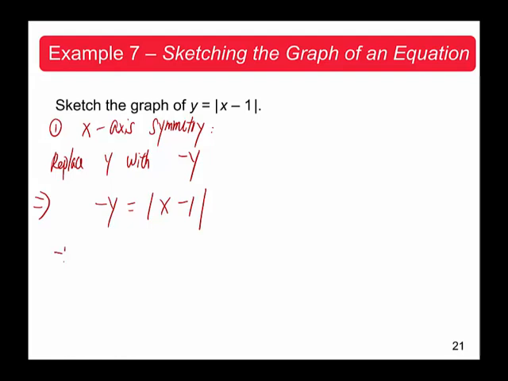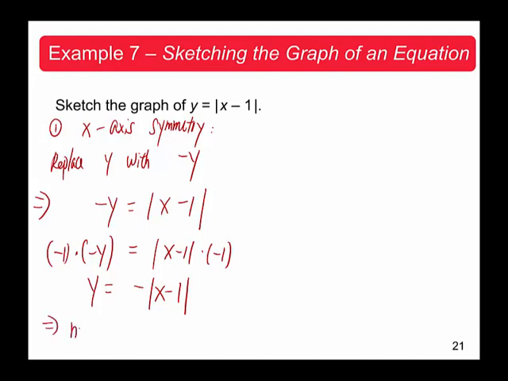So negative 1 times negative y, and on the right-hand side, similarly, times negative 1. Negative 1 times negative y is positive y. So y equals negative absolute value of x minus 1. So we do not yield the same equation, or the equivalent equation, we yield the opposite equation. So there's no x-axis symmetry.